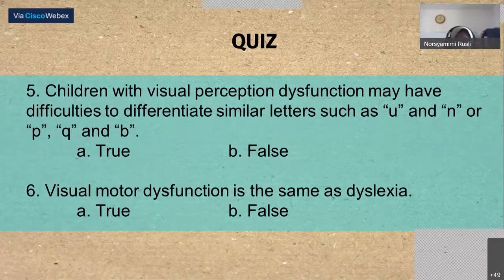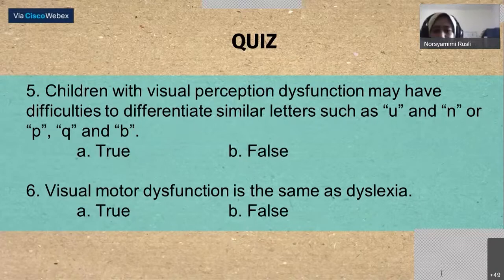A child who has dyslexia might have visual perception difficulties, but a child with visual perception difficulties may not have dyslexia. He may have just the visual perception difficulties. You have to remember that it's not the same.